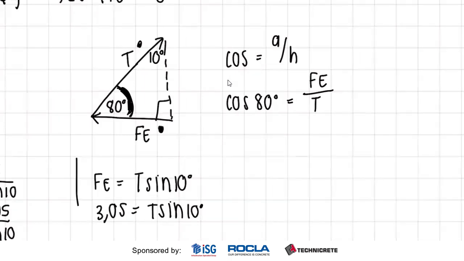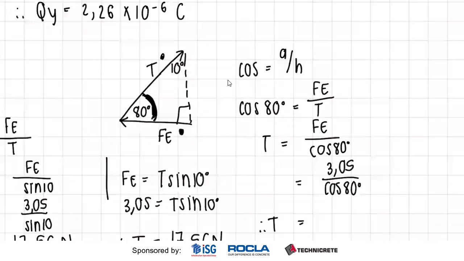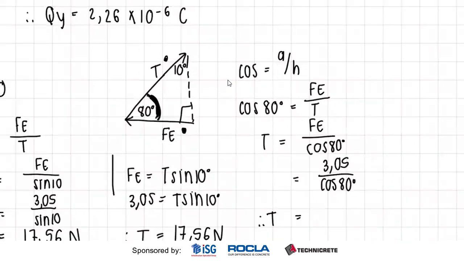Therefore, the tension is Fe over cos 80. We know that Fe is 3.05, and therefore we should get the same answer.